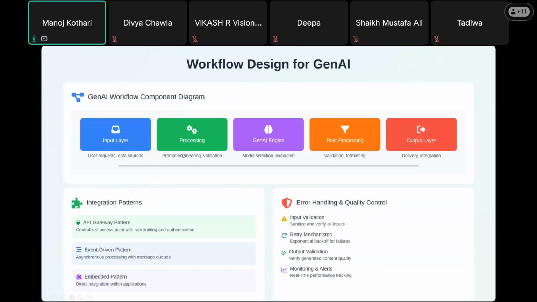Like I said, this n-gram algorithm will be executed, or it will see the examples, or it will see if there is any reason to act. That way this prompt engineering will process your input and validate it, and if it finds suitable options, then it will look into the GenAI engine, select your model and start execution.